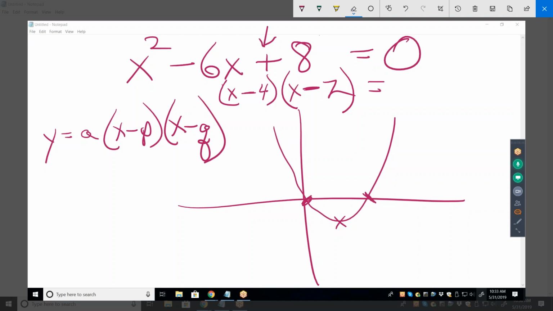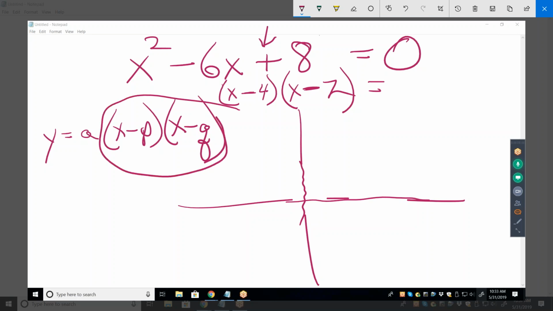Okay? So that tells me some things. Because notice that I now have it in this format. So where are my x-intercepts? -4 and -2.